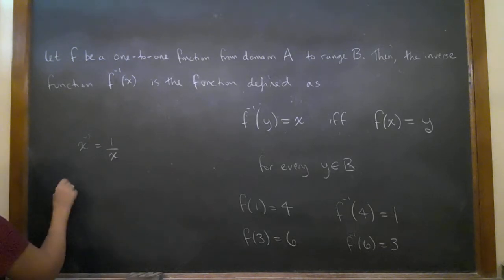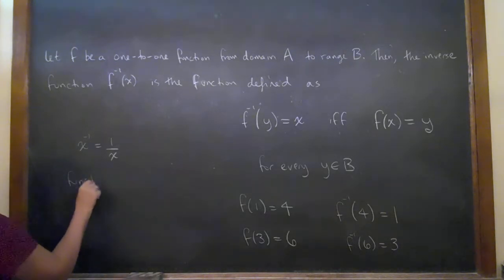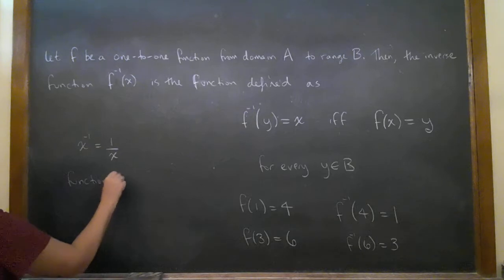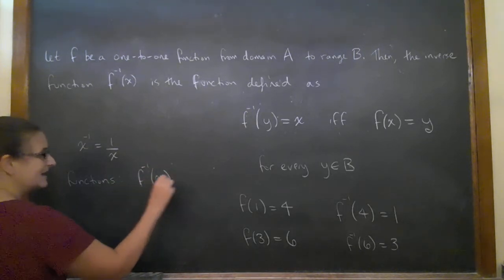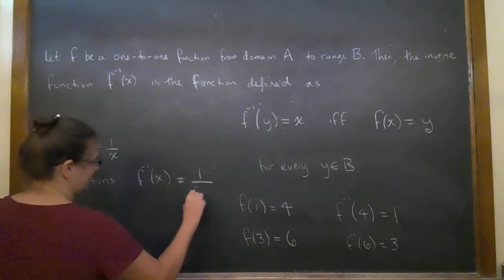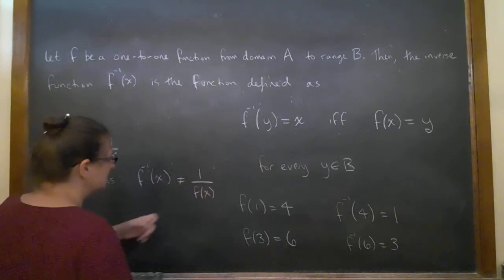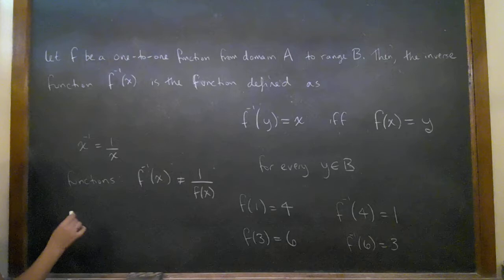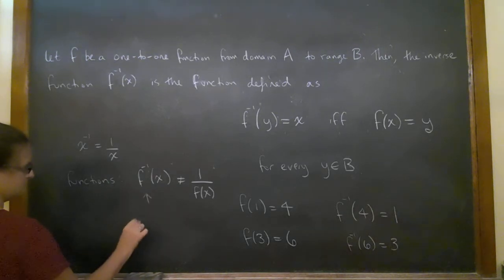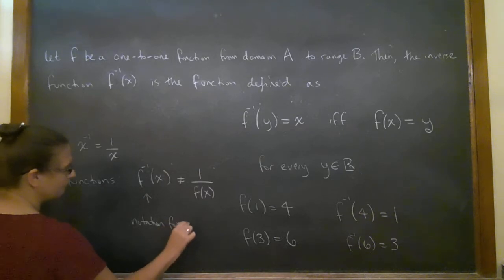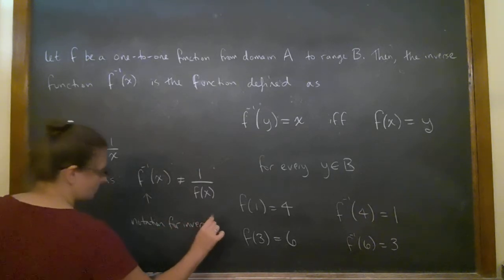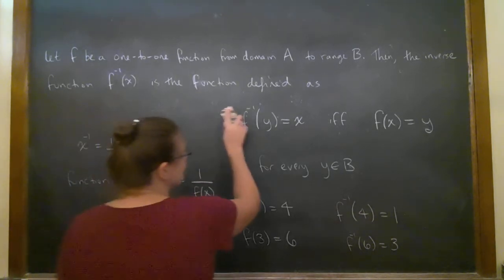Fine, but for a function, this doesn't mean that. So f to the minus 1 of x is not 1 over f of x. It is the notation for the inverse. So don't make that error.